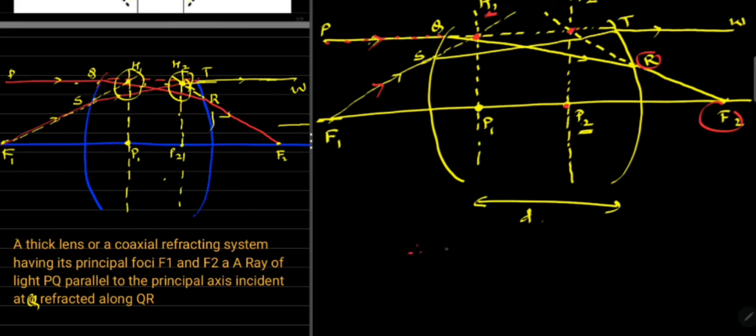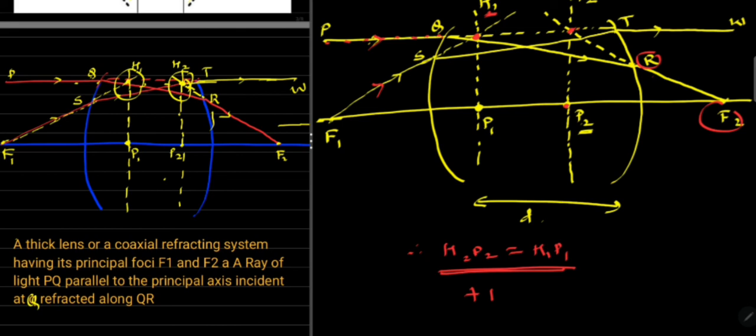Therefore H2P2 is equal to H1P1. So whatever the lateral magnification is for these planes, it is always 1.